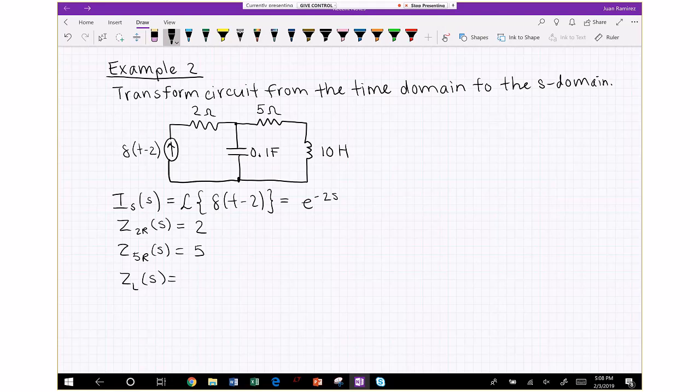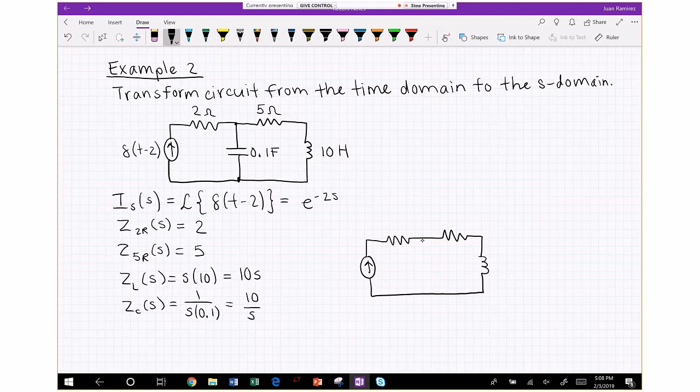It's equal to S times L. And the capacitor: you go to 1 over S times the capacitance. And then we redraw the circuit. Alright, so the current source is represented with e to the negative 2s.